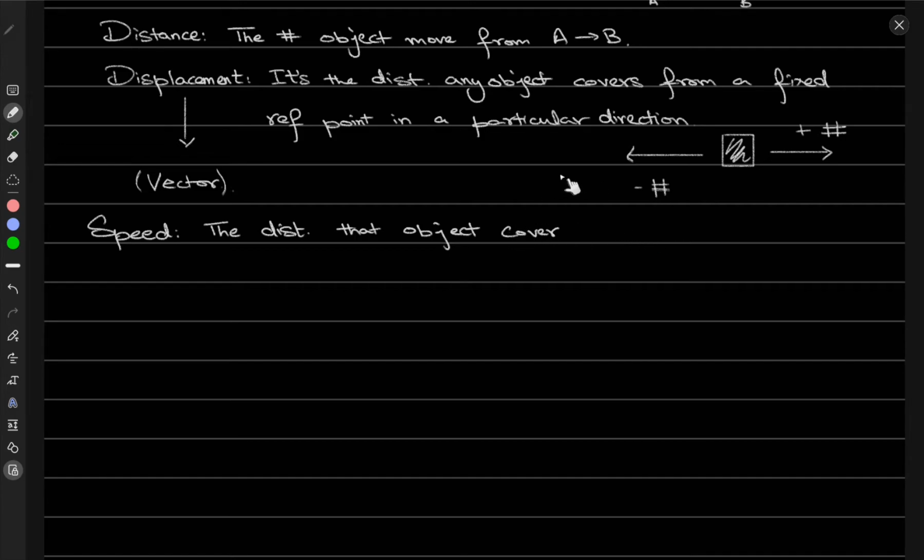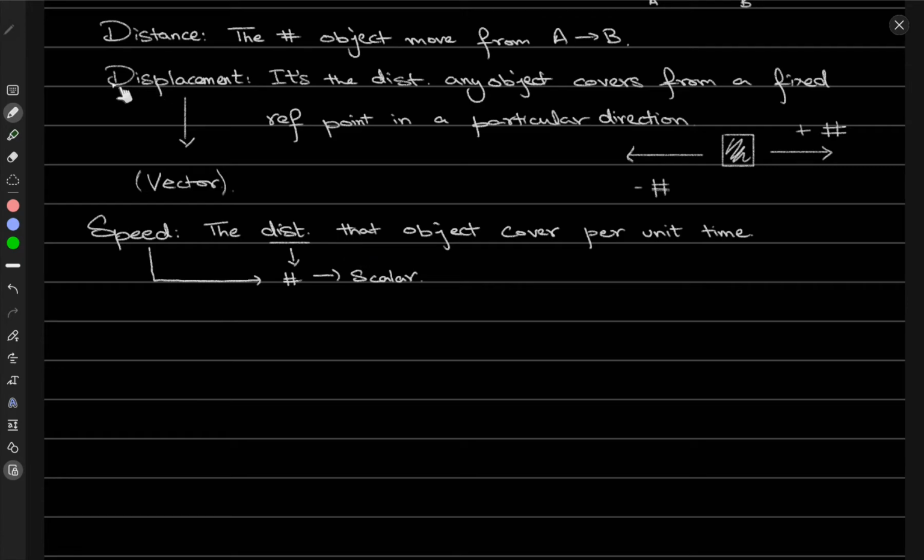So you can say it is the distance that the object covers per unit time. That means that, because distance is a scalar, it's just a number, speed is also just a number, which is scalar. It is not concerned with what direction my object is covering this distance per unit time.